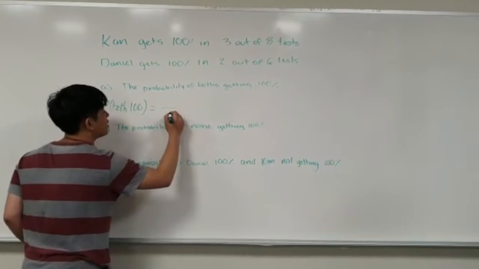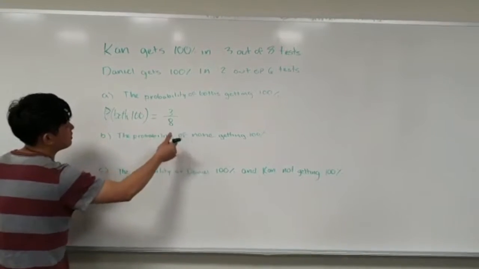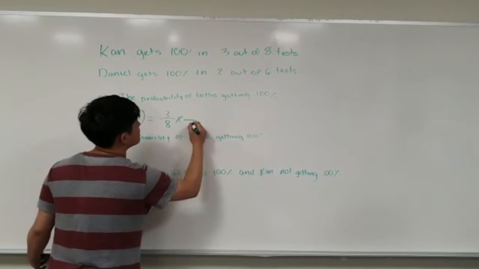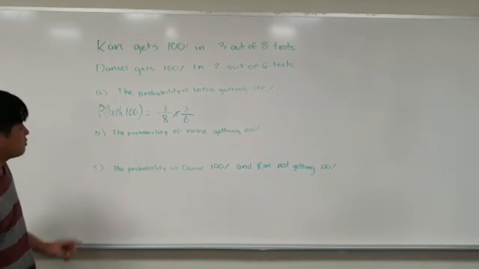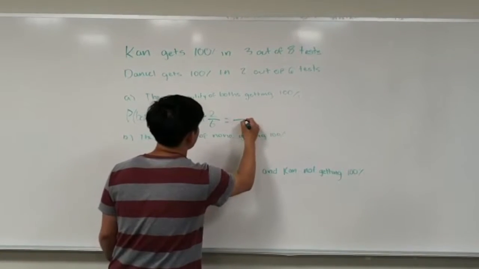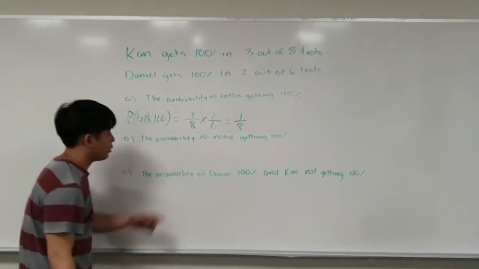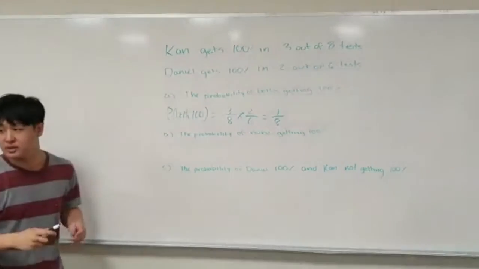So Khan gets 3 out of 8 and Daniel gets 2 out of 6. And if we multiply this, it is going to be 1 out of 8. And this is the probability of both getting 100.